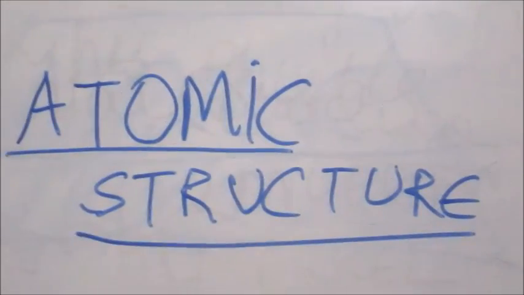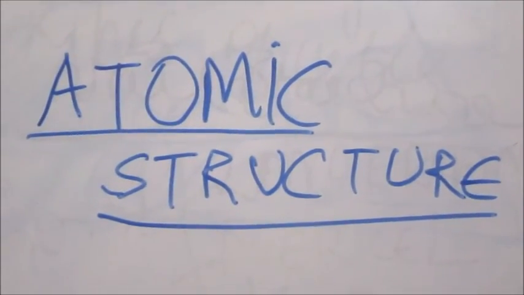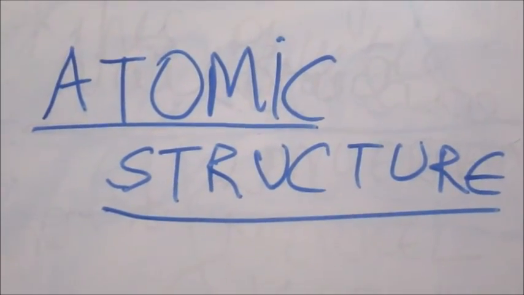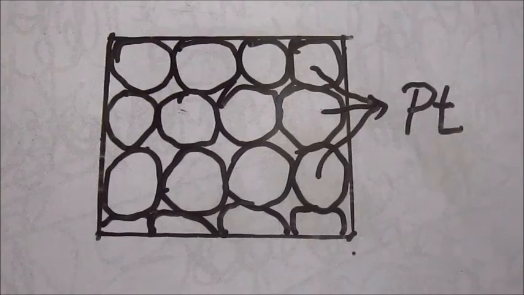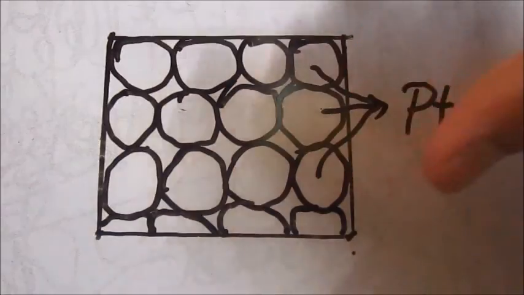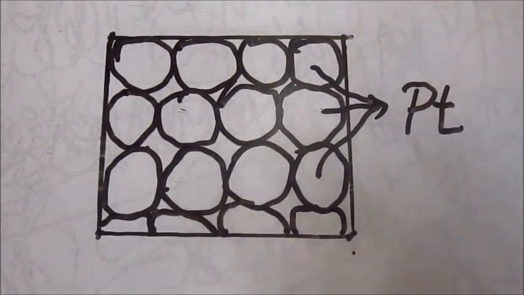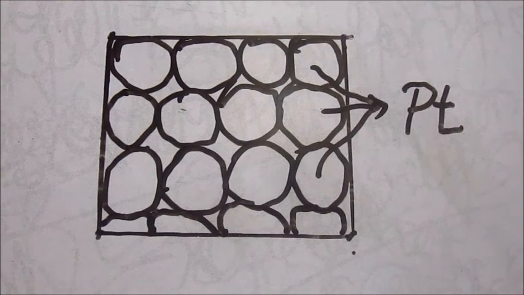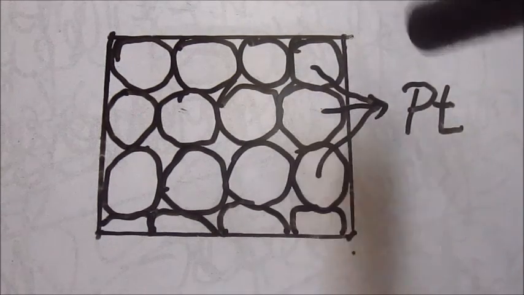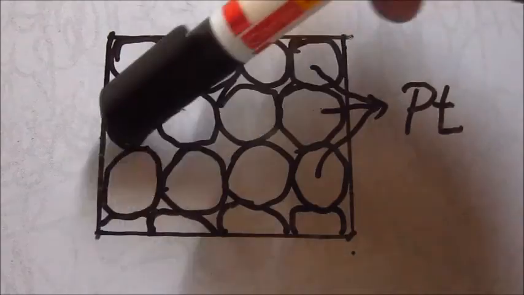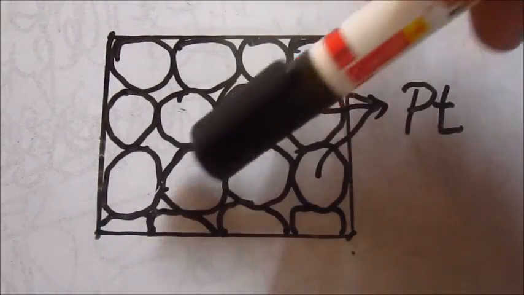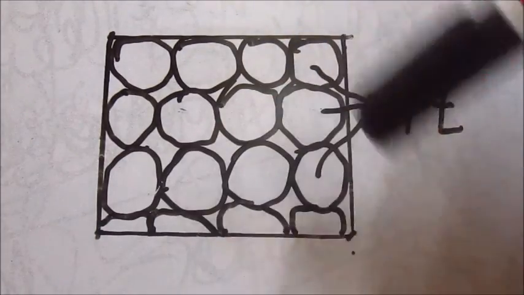And now, today I'm going to be dealing with the topic atomic structure in chemistry. So let's go. Now picture this as a sheet of platinum taken by me. Platinum, as we all know, its symbol is Pt. So basically platinum is made up of tiny molecules of platinum.